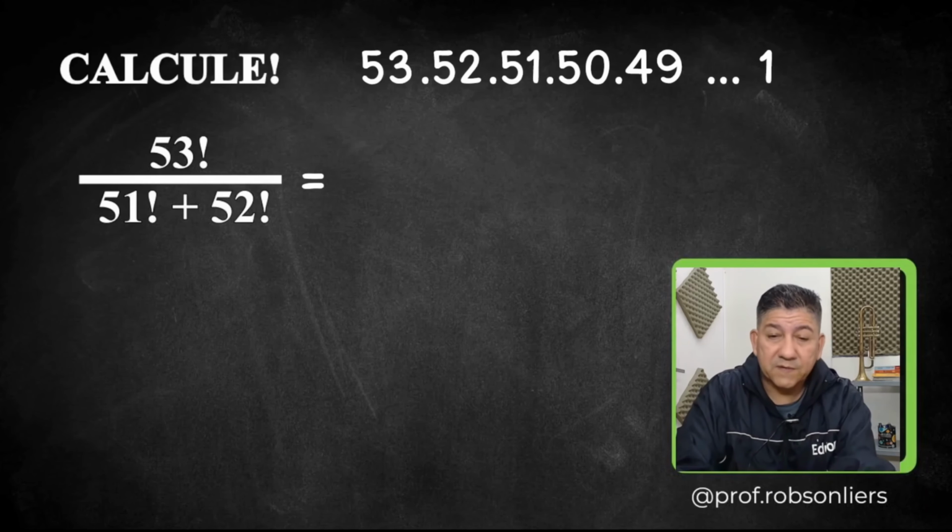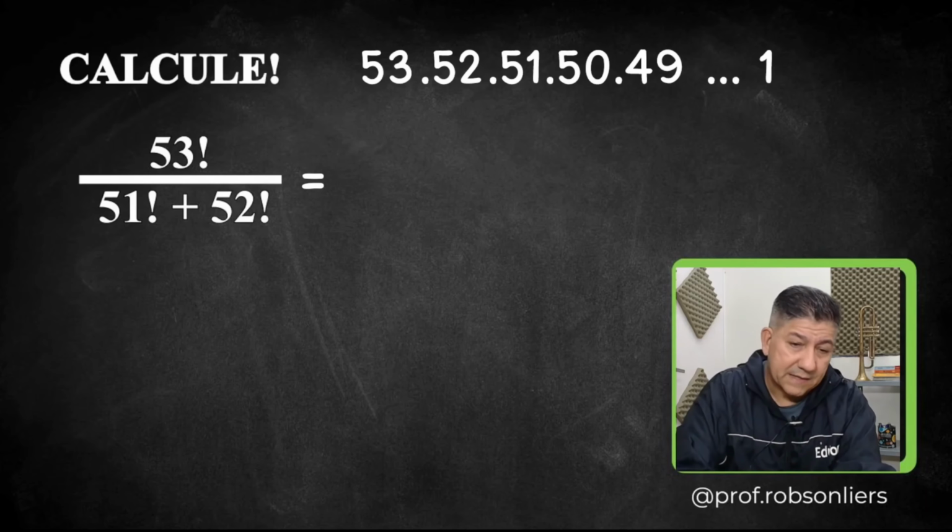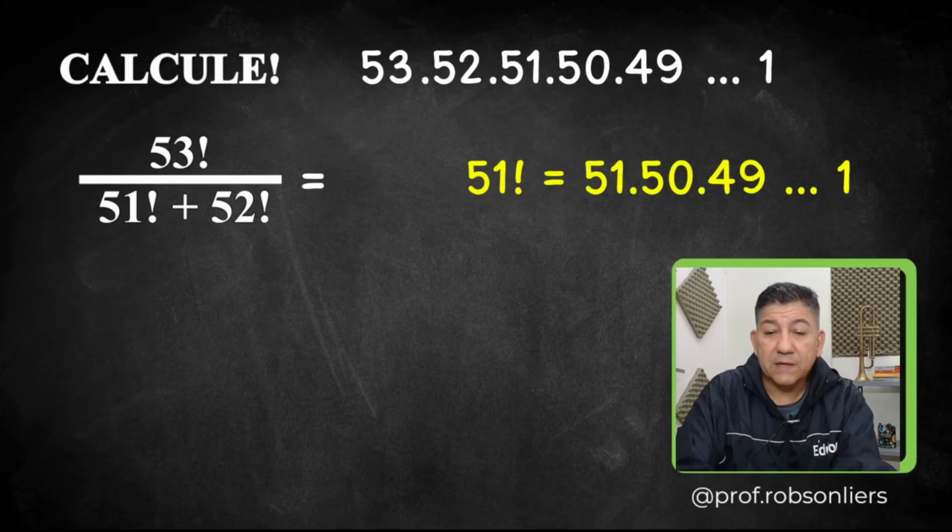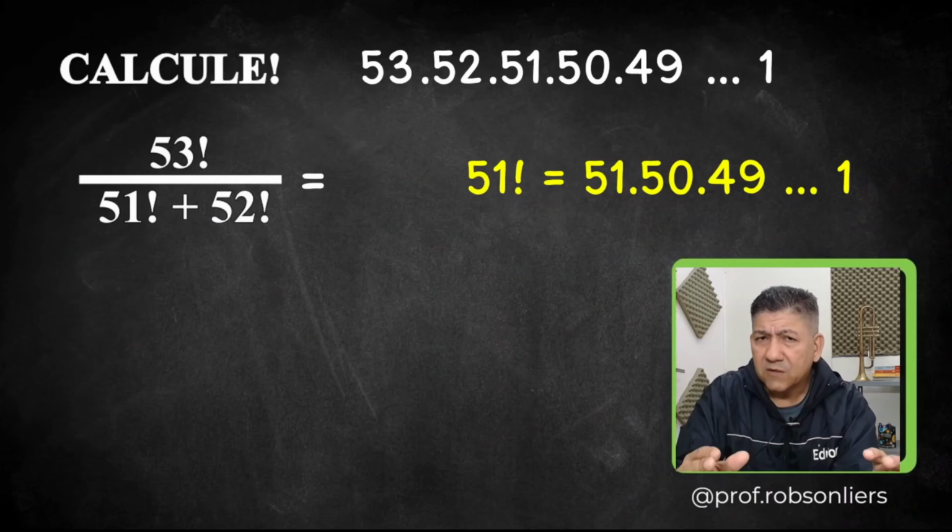So what can we do here, see? Let's take 51 factorial down here. If we expand 51 factorial, it will be 51 times 50 times 49 and so on until we get to 1. Now pay attention. Let's put our reasoning to work a little bit at its core.